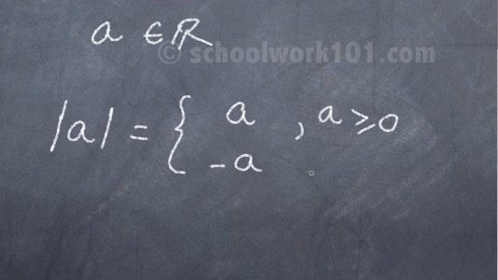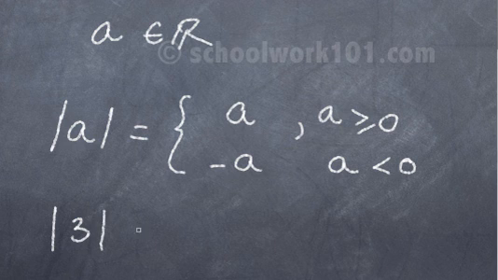And of course we'll work an example here so you get an idea of what exactly I'm talking about. Let's say, for example, something simple, the absolute value of 3. What is that? Well, if I come over here, A is greater than or equal to 0, therefore it's just A, so it would just be 3.